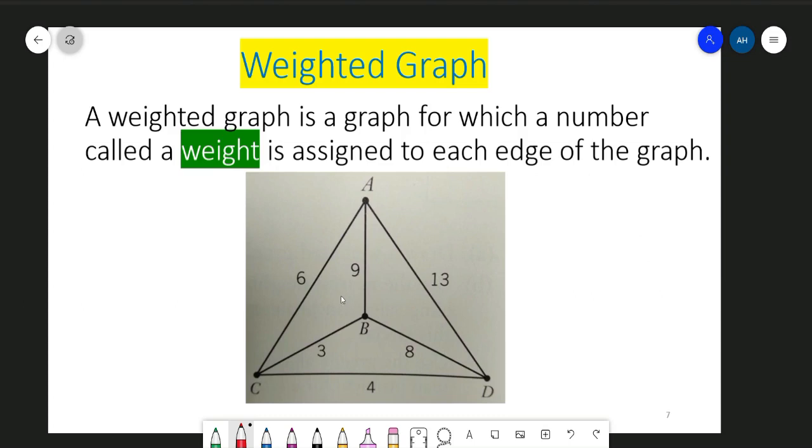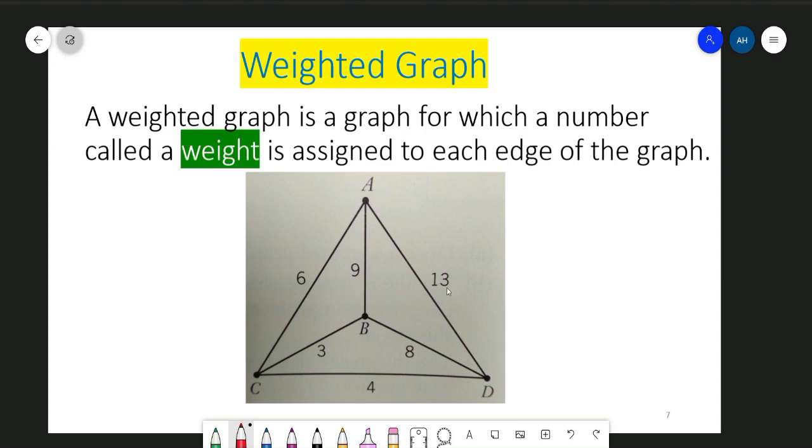You see here in this particular graph, for each edge we write a number on each edge. For example, from A to D we have number 13. From B to C we assign number 3 there. For example, from A to C we assign 6. For each edge there is a number assigned to it.